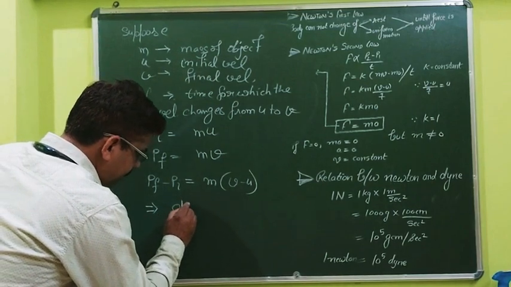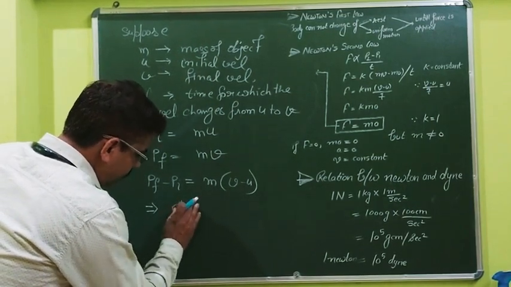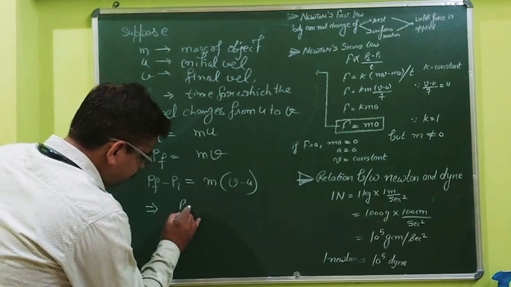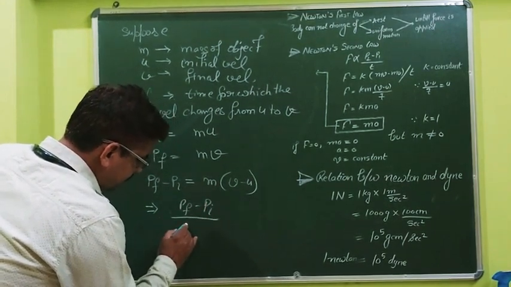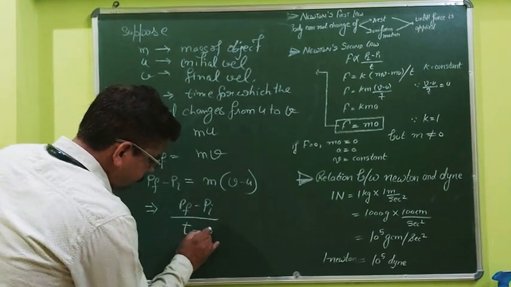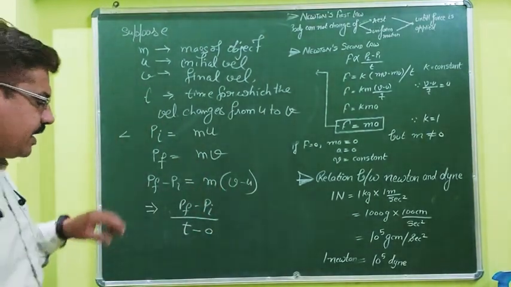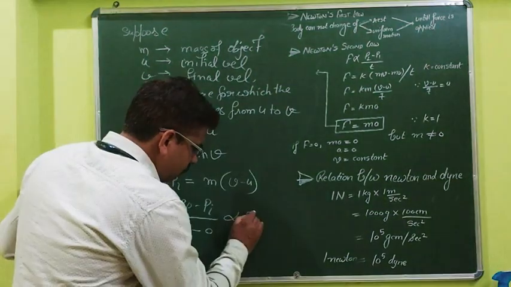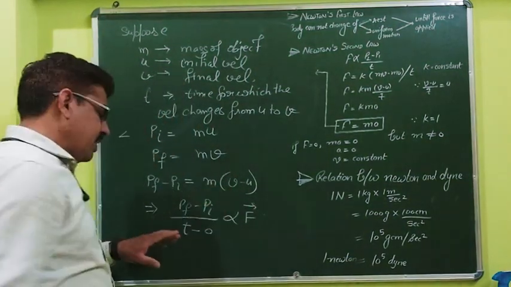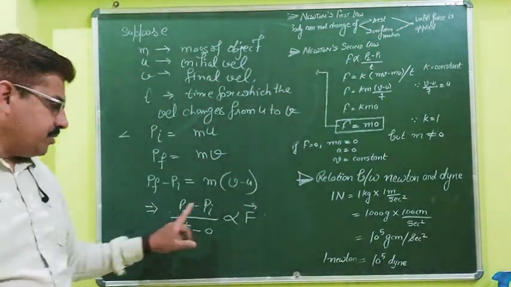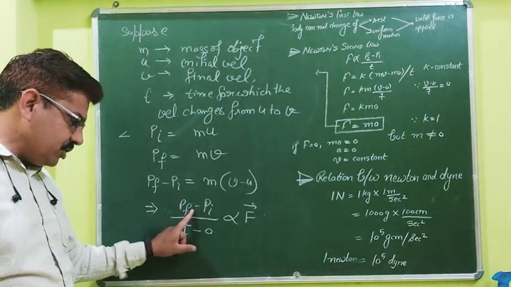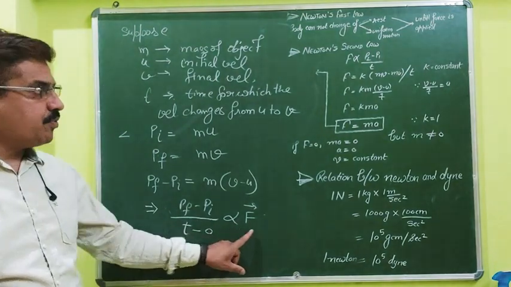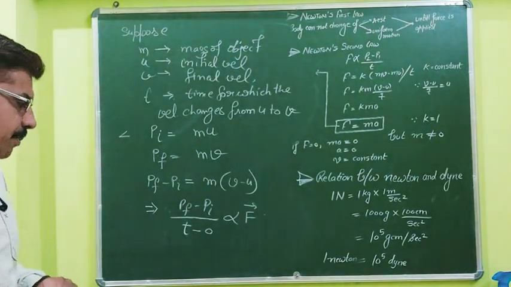Therefore this implies dp, that is, pf minus pi over time t, from 0 to t, is directly proportional to the force applied. That is, the rate of change of momentum, meaning change of momentum with time, is directly proportional to the force applied.